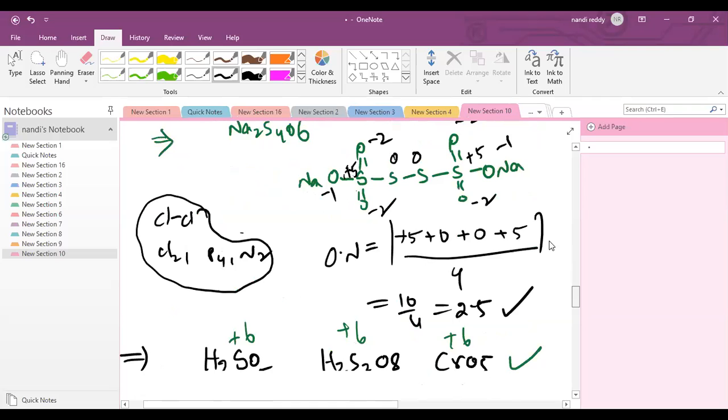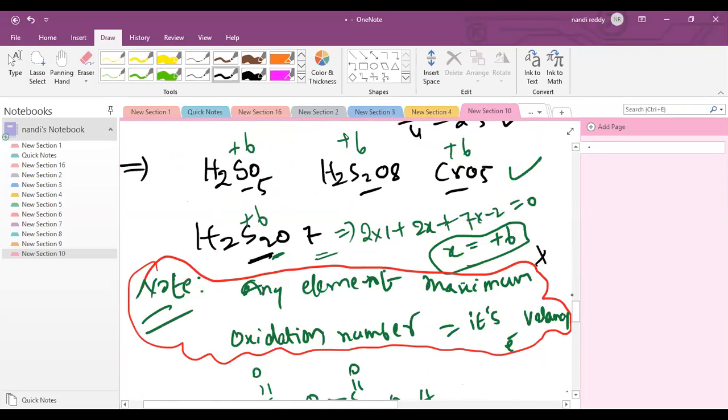Chapter 8, hurry up, note down points. Thank you.